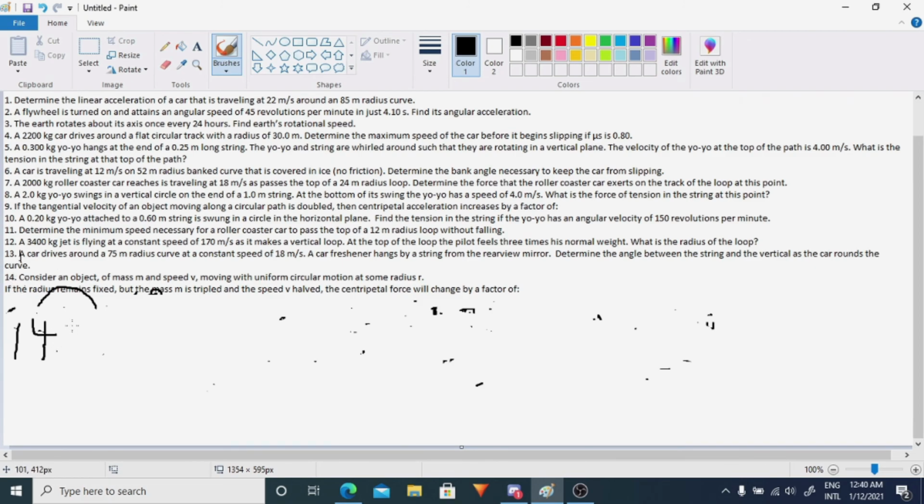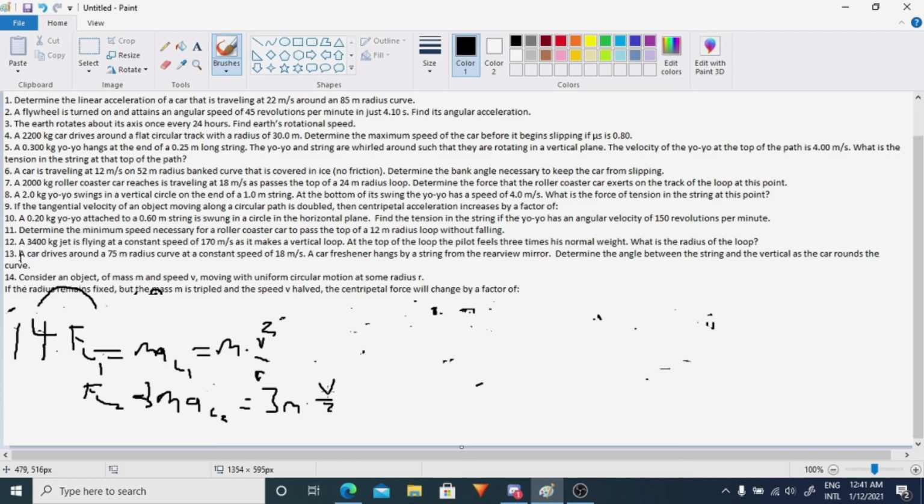Okay, so the centripetal force is equal to m times the centripetal acceleration, which we know a_c is equal to v squared over r, right? So we'll say this is Fc1, m v squared over r. Fc2 is now going to change. The mass is tripled, so 3m times a_c2, and the speed, it said, is halved.